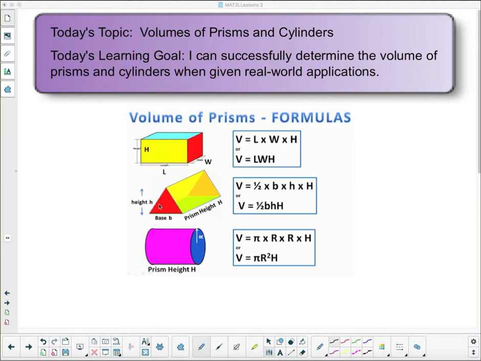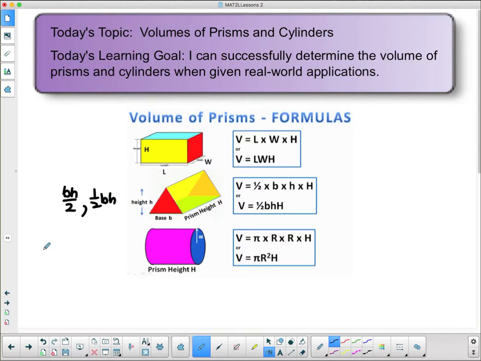Now this is a triangular prism, and the face of it is the triangle. Now the area of a triangle we find using base times height divided by 2, or a half of the base times the height. You'll see it written in a couple of different ways to find the area of the face. And then we just multiply by how long it is, this height of the prism.